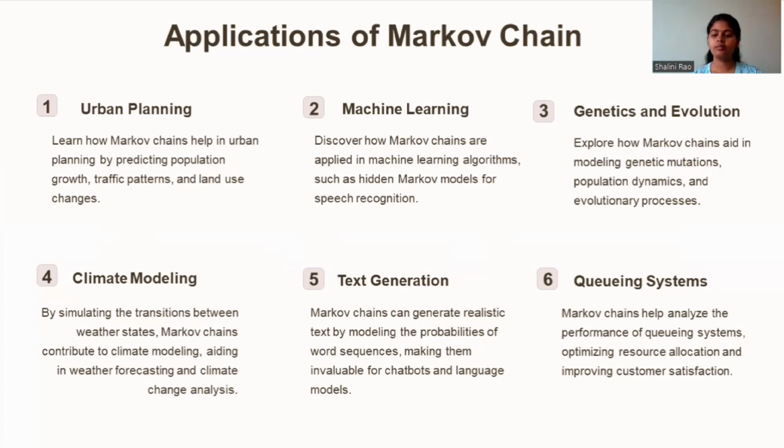Queuing systems: Markov chains help analyze the performance of queuing systems, optimize resource allocation, and improve customer satisfaction. We do have some limitations and assumptions of Markov chain, which are the memoryless assumption, finite state space, and stationary distribution.